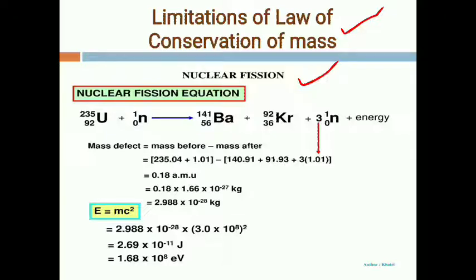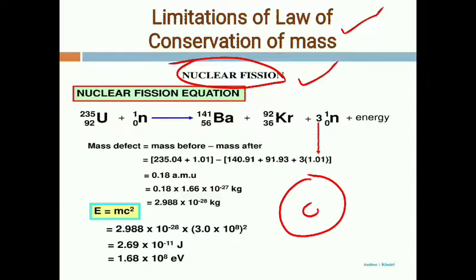For example, I have taken nuclear fission here, and one more important nuclear reaction is nuclear fusion. In these nuclear reactions, the nucleus of the atom is disturbed. There are certain changes which take place in the nucleus. We will not go into much detail about these reactions.